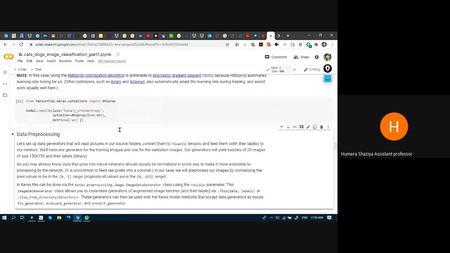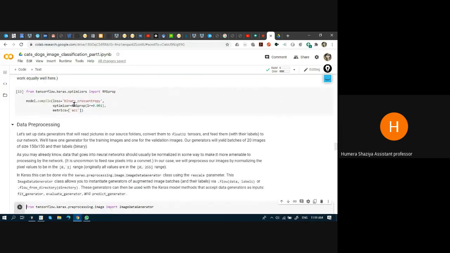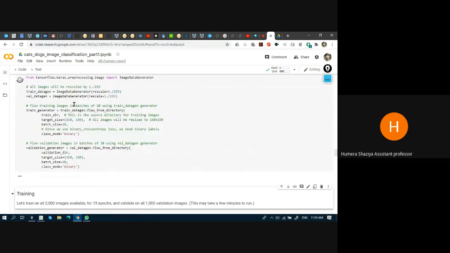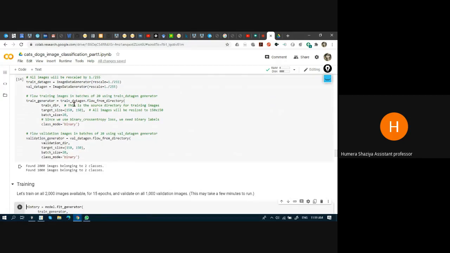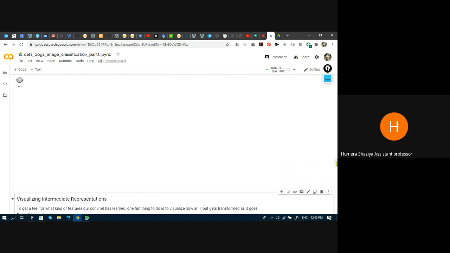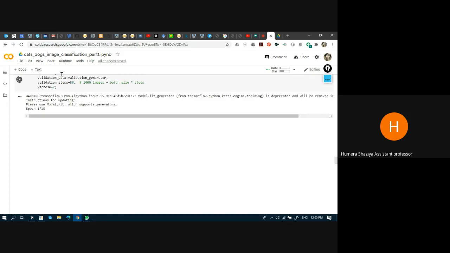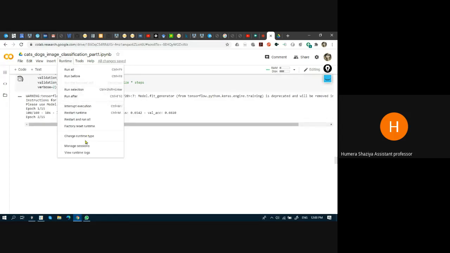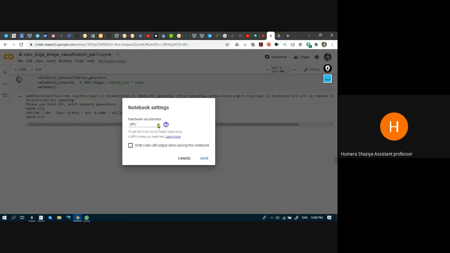Training the model is fit. Fitting is nothing but training. During training, look at this, how slow it is. If you find it very slow, you can change your runtime to GPU.